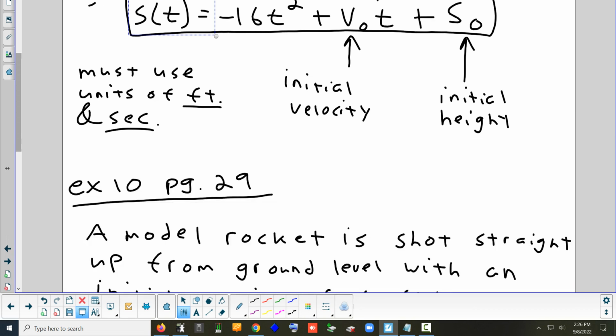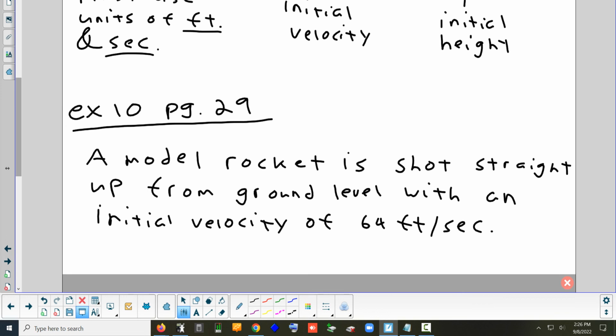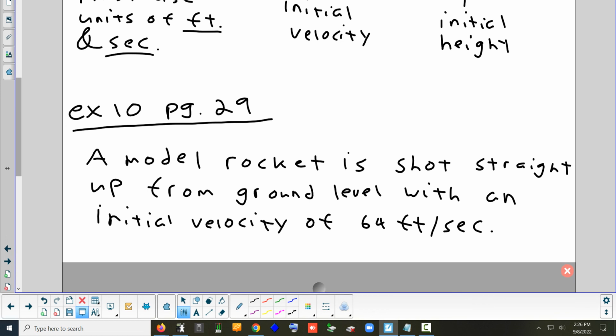Okay. So this is about a rocket that we're going to launch. And it's being shot from ground level. So that tells you something in the formula. So being shot from ground level. And it has an initial speed or velocity of 64 feet per second.